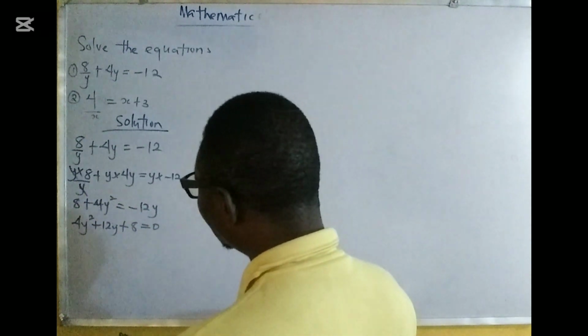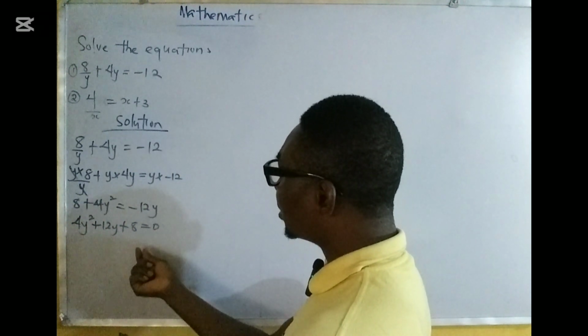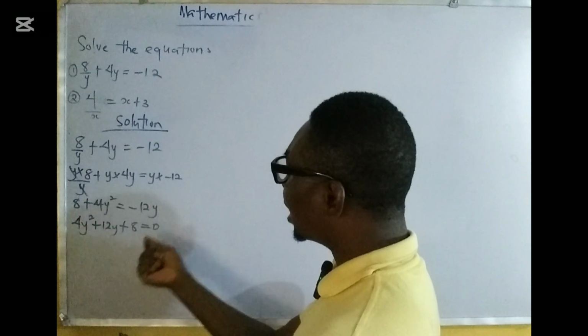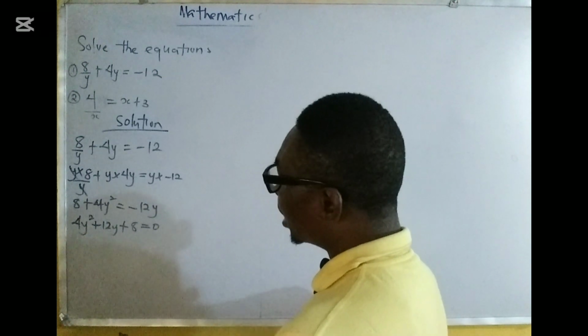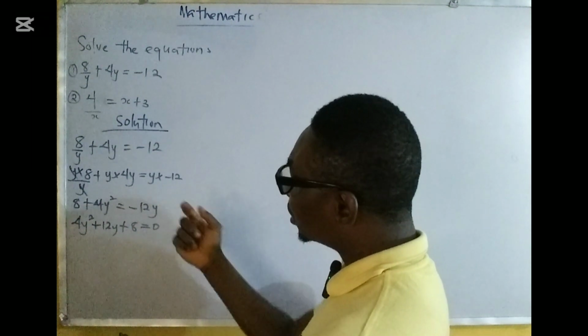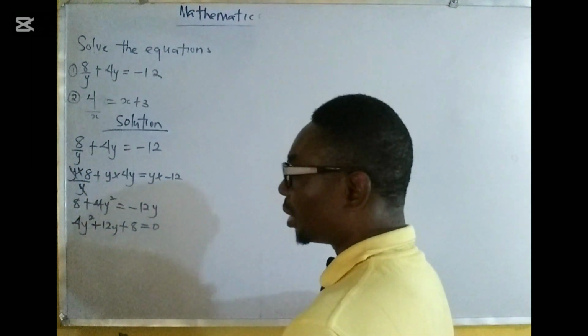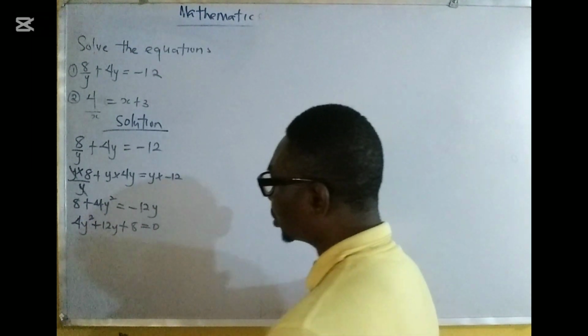And we know that the two factors are 4 and 8, because 4 times 8 will give me 32, and 4 plus 8 will give me 12.